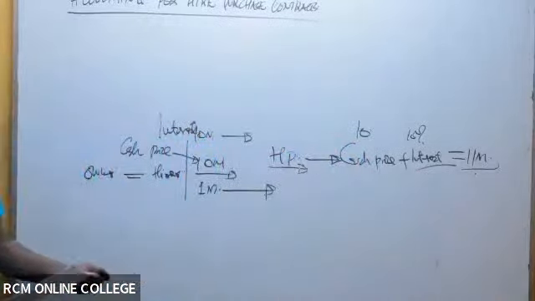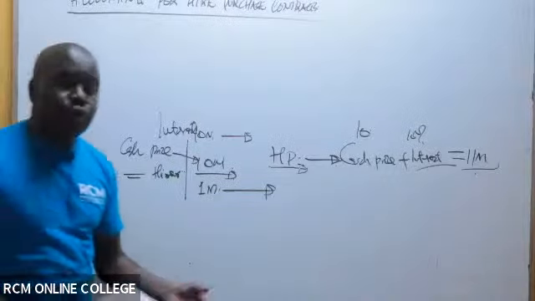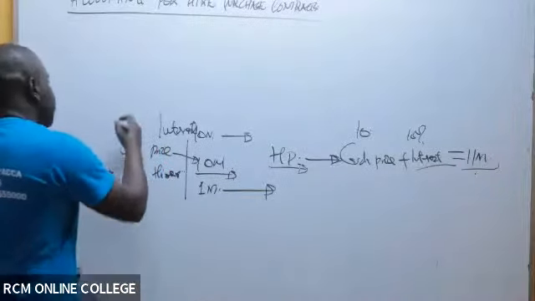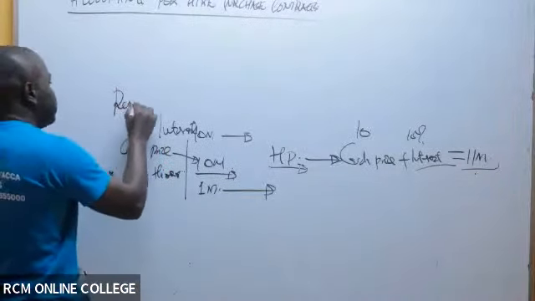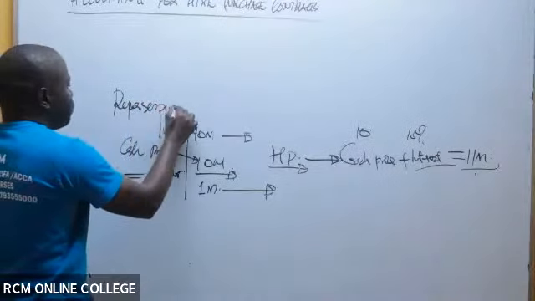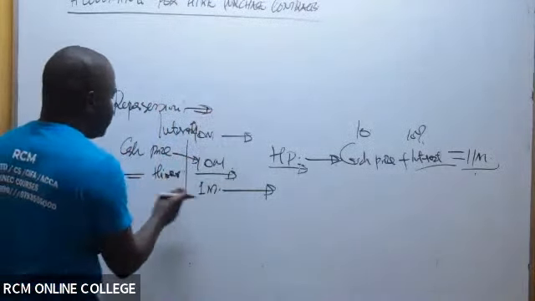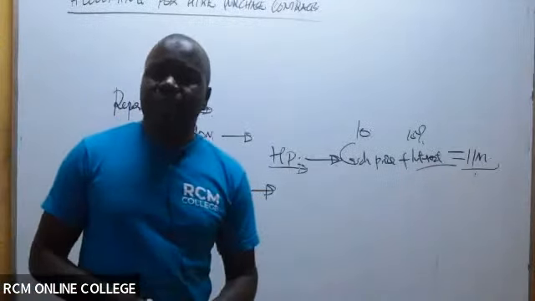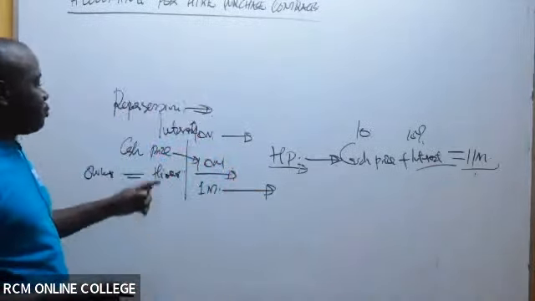Then also something very interesting about hire purchase, you must have been told, or you know, that there's normally what we call repossession of the goods. If this hirer hires the goods, then he puts the down payment of 1 million.